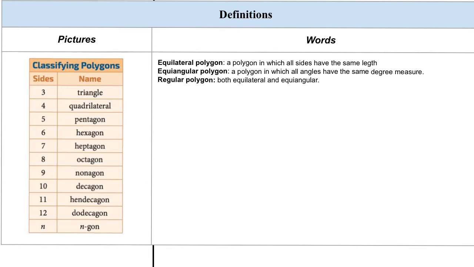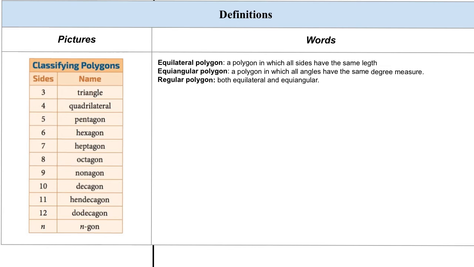Couple more definitions for you here. Equilateral polygon. An equilateral polygon is a polygon in which all the sides have the same length. An equiangular polygon is a polygon in which all the angle measurements are the same degree. A regular polygon is both equilateral and equiangular. We have a lot of theorems that help us with regular polygons that we will learn later on in the year.